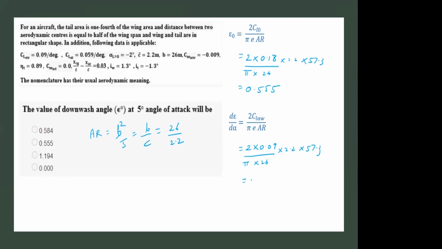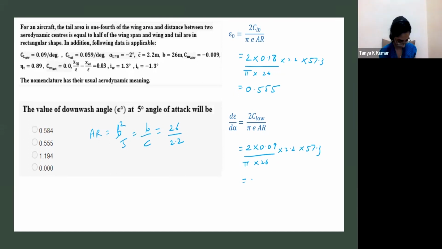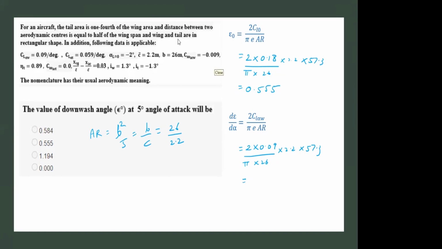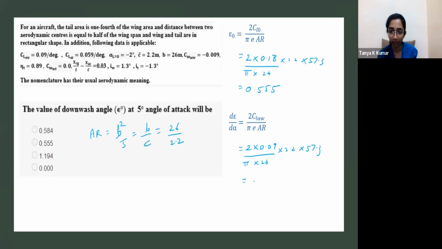What about d epsilon by d alpha? What is this value? Just calculate quickly. It's coming to 0.2778. Is that right?